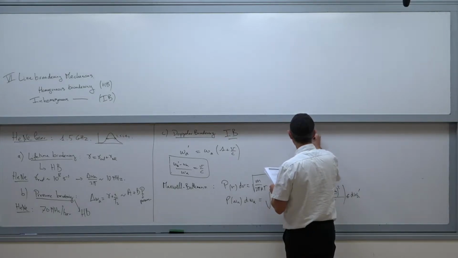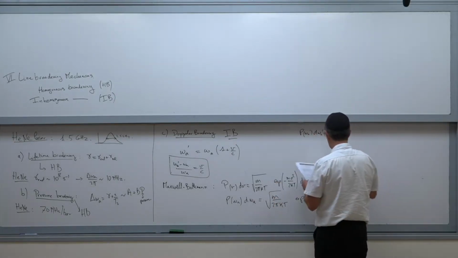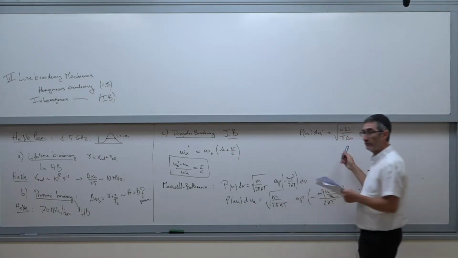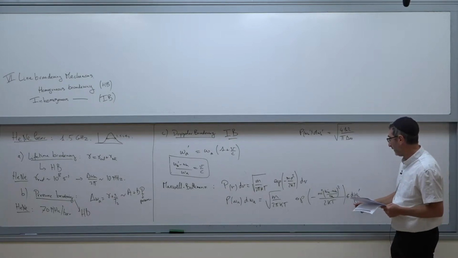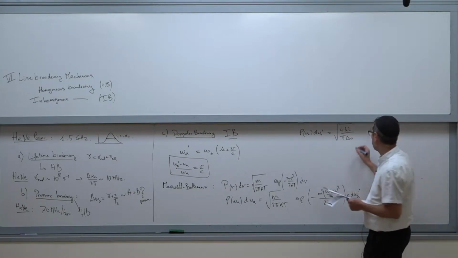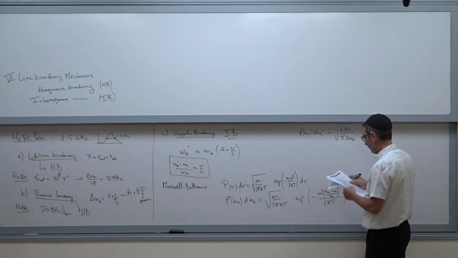Let's say P of omega a prime d omega a prime is equal to, I give you the expression, 4 log of 2 over pi delta omega d. So I introduce here a new line width. We have delta omega a here, which will be related to that. So it's delta omega d, that's the new line width introduced here.